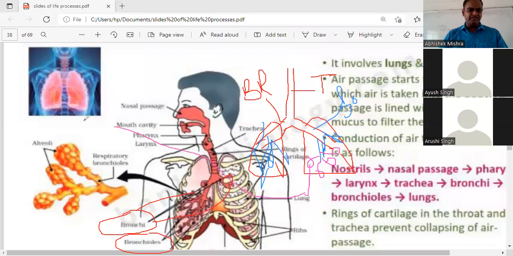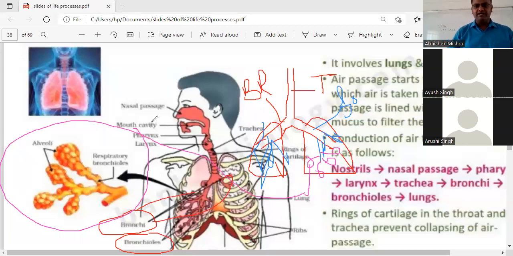Actually, this is the image, alveoli, in enlarged view. This is the balloon-like structure where exchange of gases occurs. Now, this is very important, students.